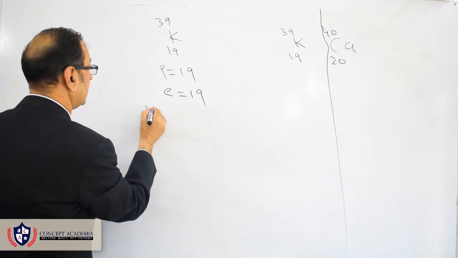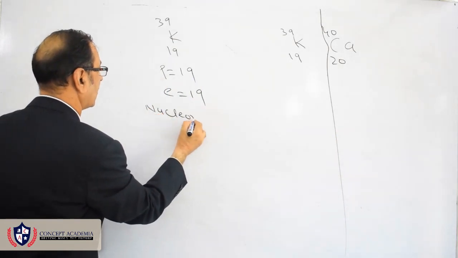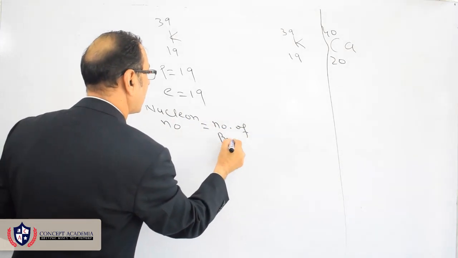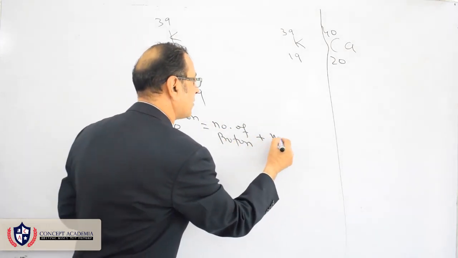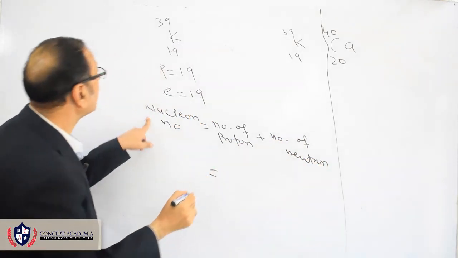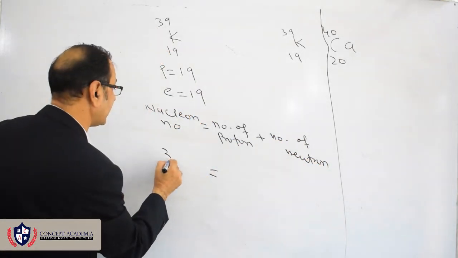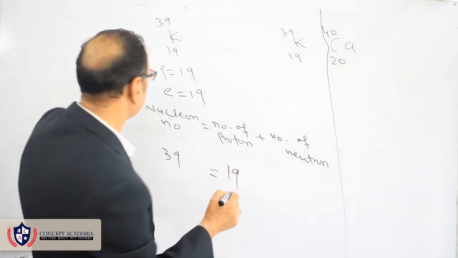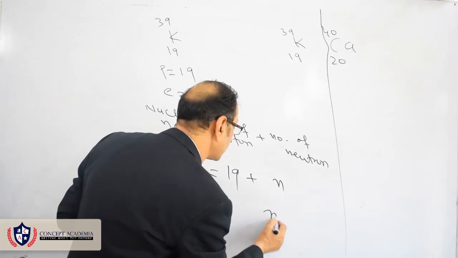And nucleon number equals number of protons plus number of neutrons. The nucleon number in case of potassium is 39. The number of protons is 19. In case of potassium, the number of neutrons I am going to find out.